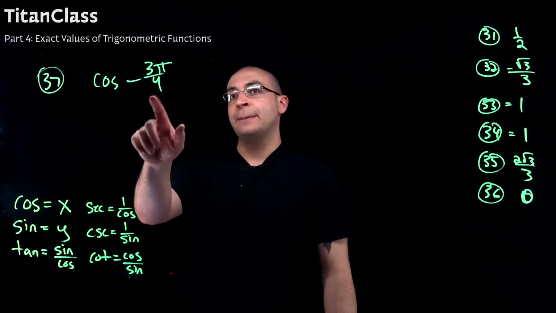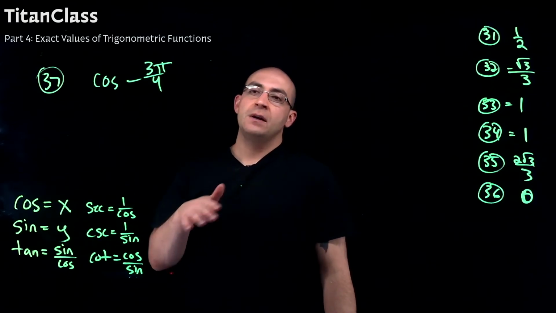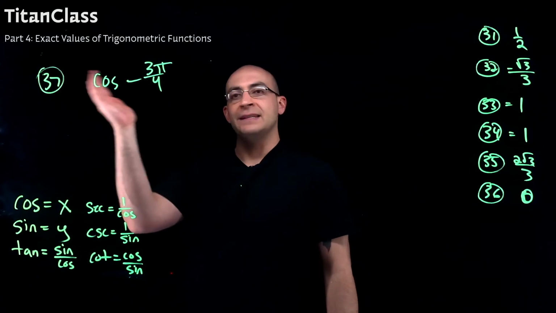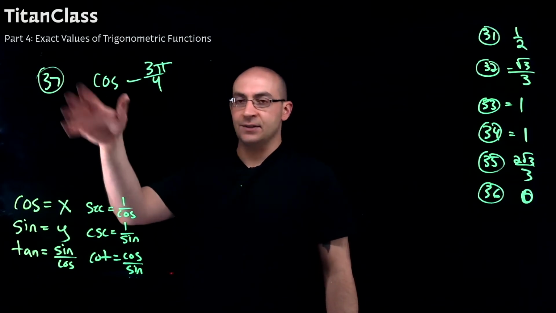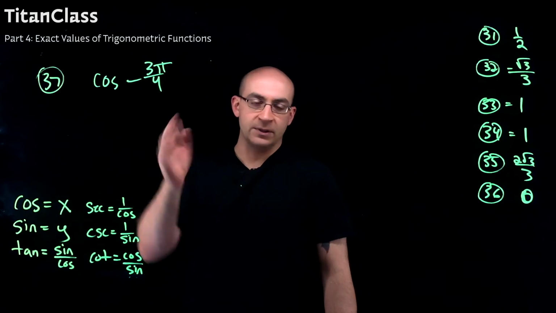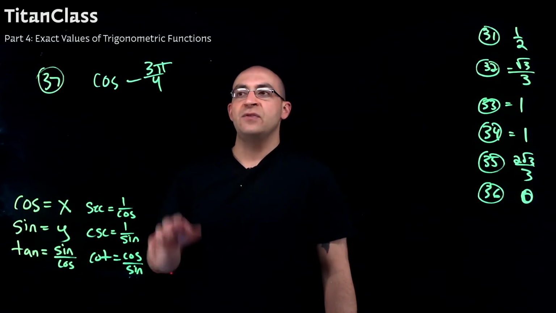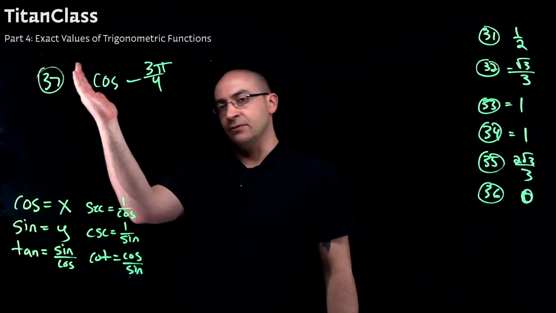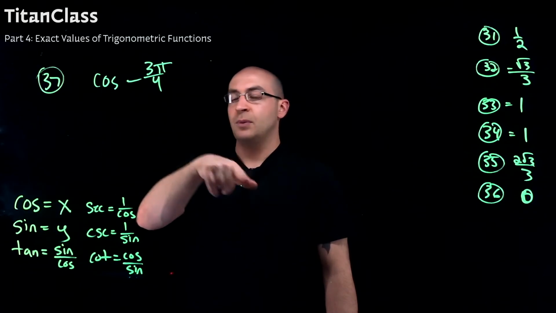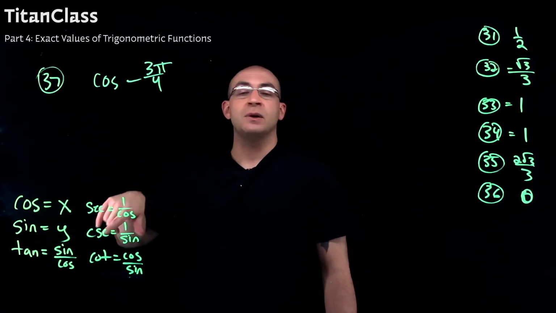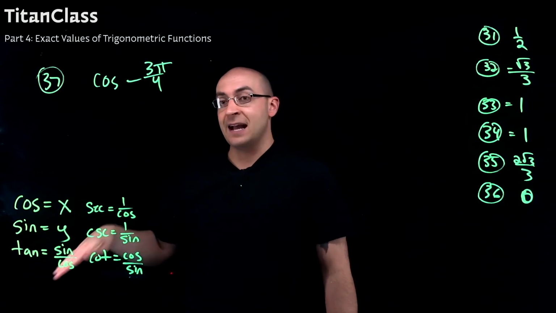Now, there's a denominator of 4 here, which should be a giveaway. 3 pi over 4 needs to be some ordered pair that has a root 2 over 2 and a root 2 over 2. All 4 denominators have to be that. So if it was 3 pi over 4, it would be negative root 2 over 2, root 2 over 2. But the negative 3 pi over 4 puts me in quadrant 3, which means it's a negative negative, right?